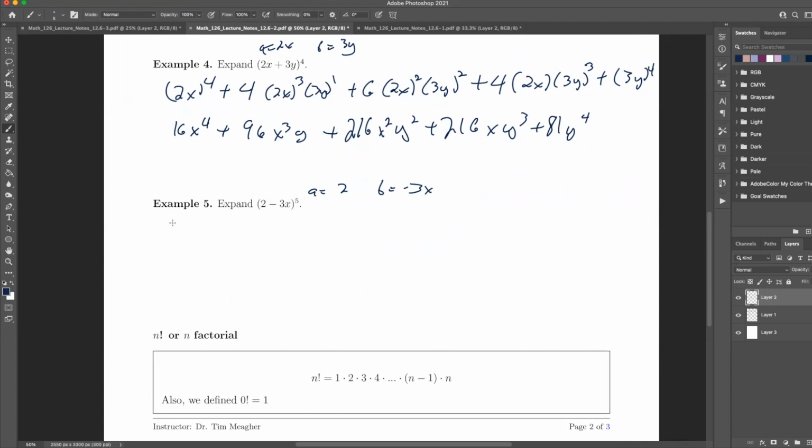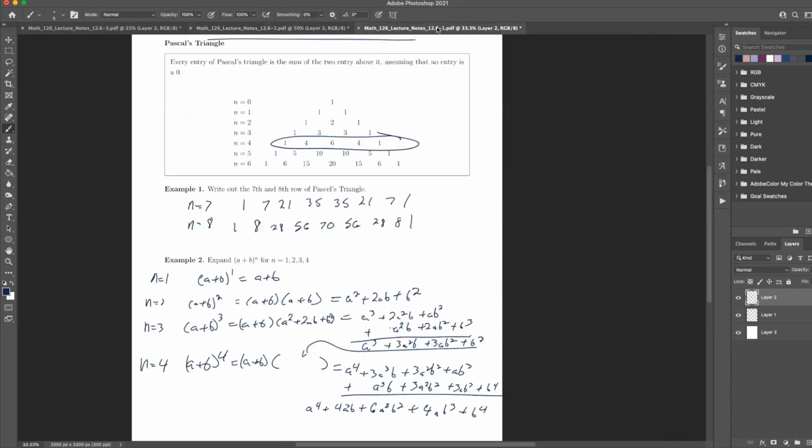So here we're going to have 2 to the fifth plus 5, which would be our coefficient, times 2 to the fourth, negative 3x to the first, plus, what's my coefficient? 10, 10, 5, and 1.